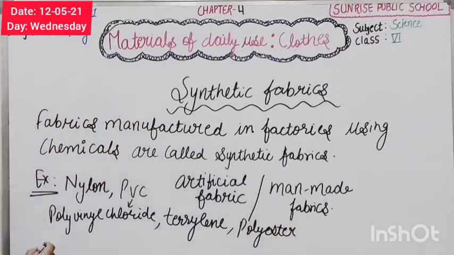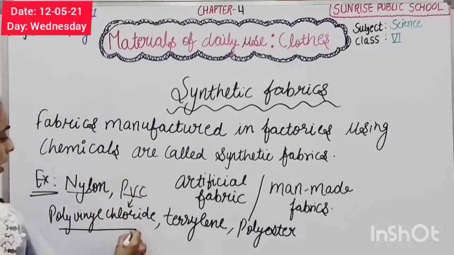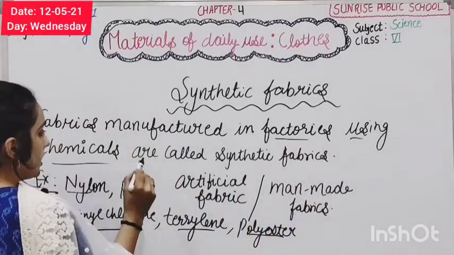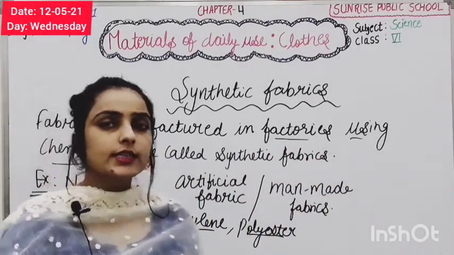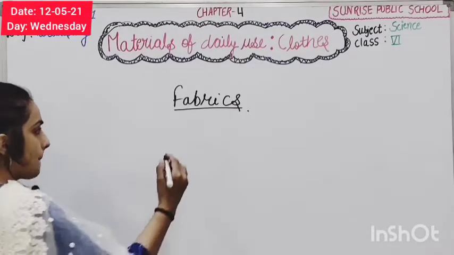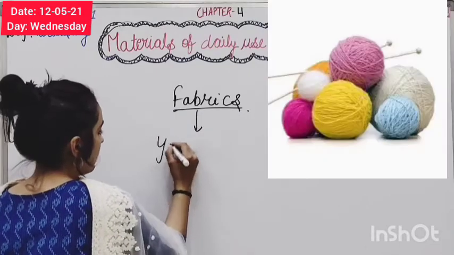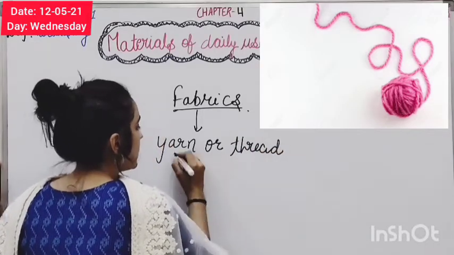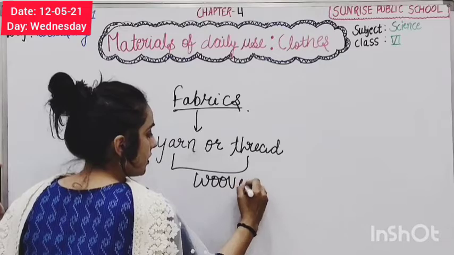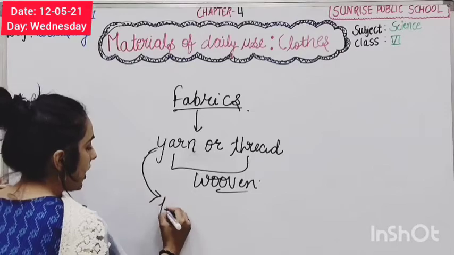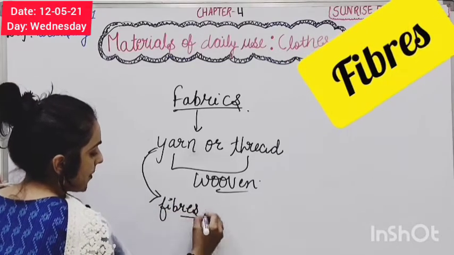So these are examples of synthetic fibers which are made by man, manufactured in factories using chemicals. That's why they are known as synthetic fibers. And some terms are given in your book: fabrics are further made up of yarn or threads. These are woven together to make a cloth, and yarn is further made up of fibers.